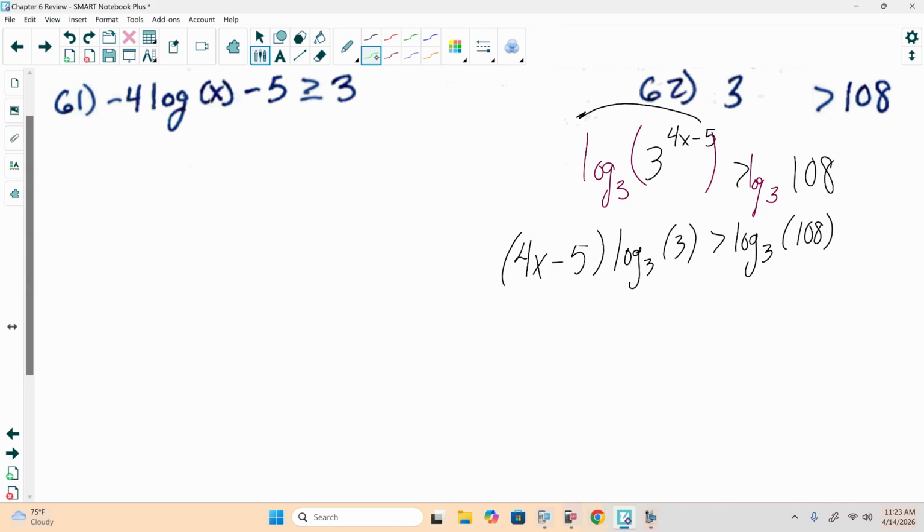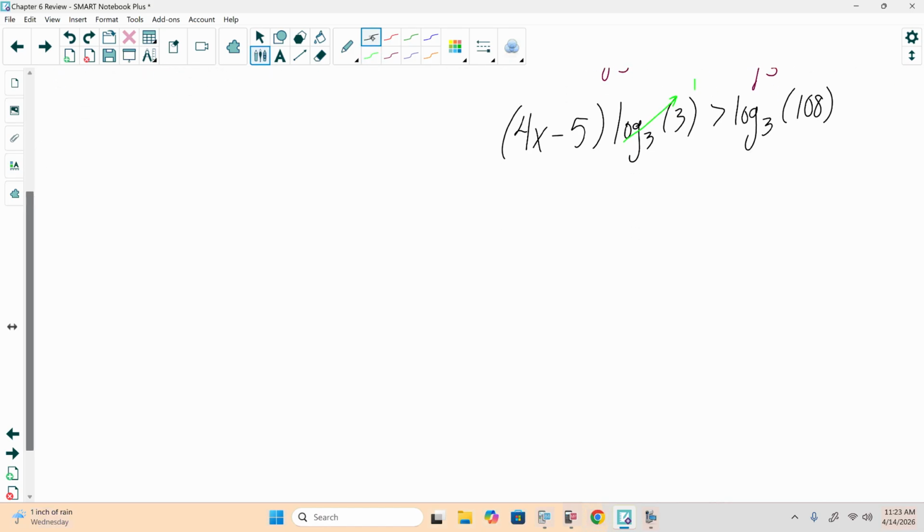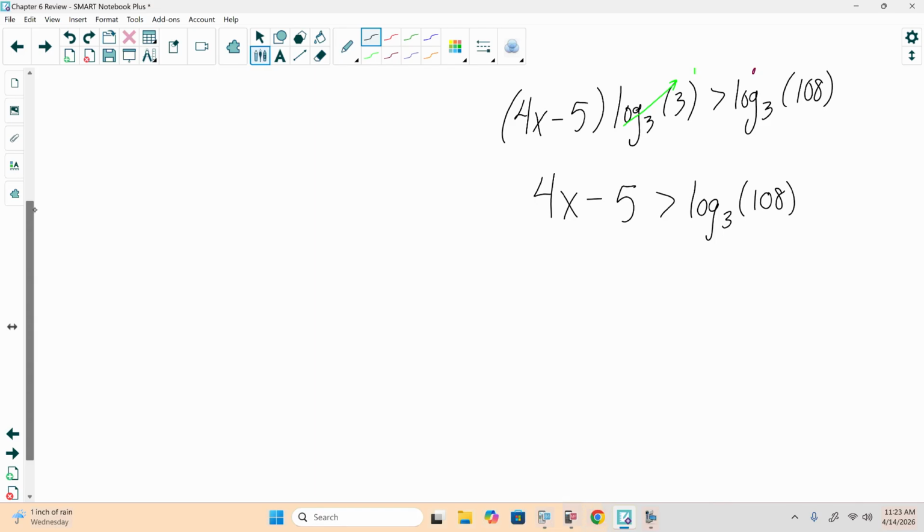Log base 3 of 3 is what? 1. Since the base and the number inside are the same, it reduces to 1. So log base 3 of 3, or 1, times 4x minus 5 is 4x minus 5. That's why we use log base 3, so that left-hand side would simplify to be something nicer.